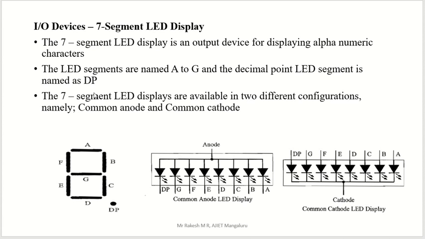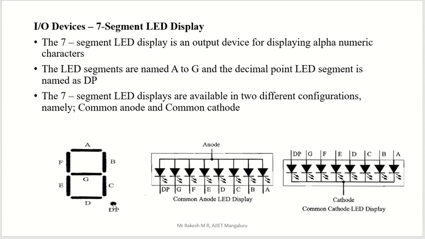As the name says, we have 7 segments: A is one segment, B another, C, D, E, F, till G. Another segment is the decimal point, DP. The LED segments are named A to G, and the decimal point LED segment is named DP.